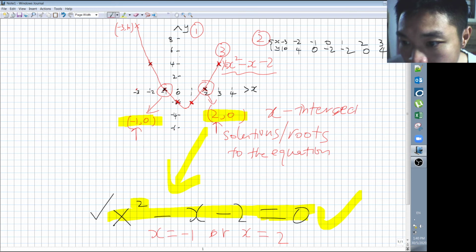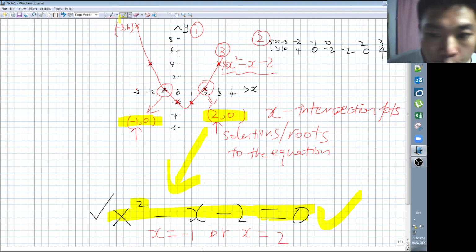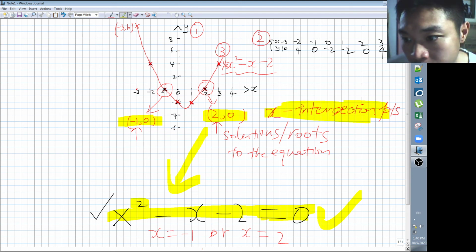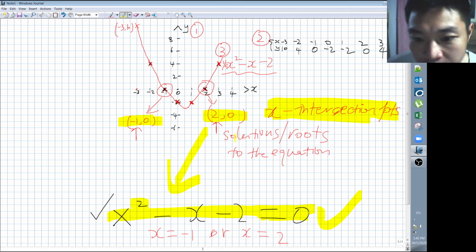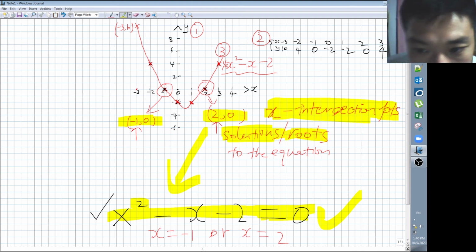So when you hear x intersection points, solutions and roots, they mean the same thing. That's how you get your quadratic equations solved using the graphical method.